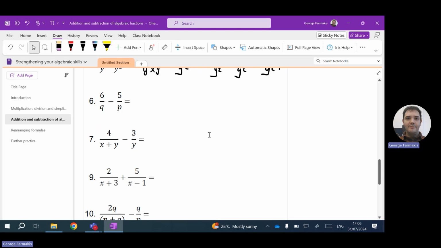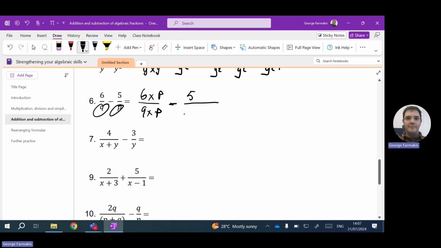Let's do example 6. So here we have subtraction, but again, we subtract as we add algebraic fractions. So the rule is the same. We need to convert to the same denominators. So here we just need to multiply the first fraction, numerator and denominator, by the denominator of the second fraction, which is p, minus, I do the same.